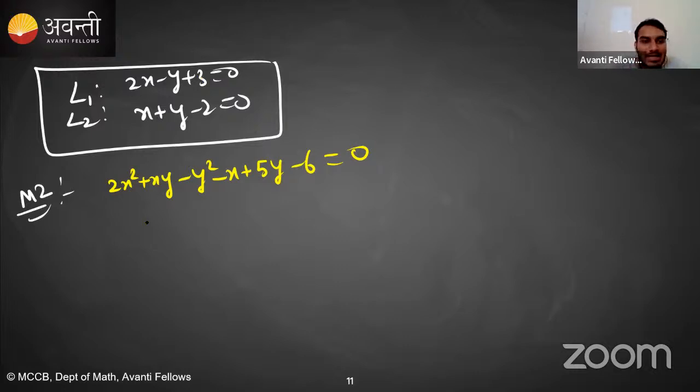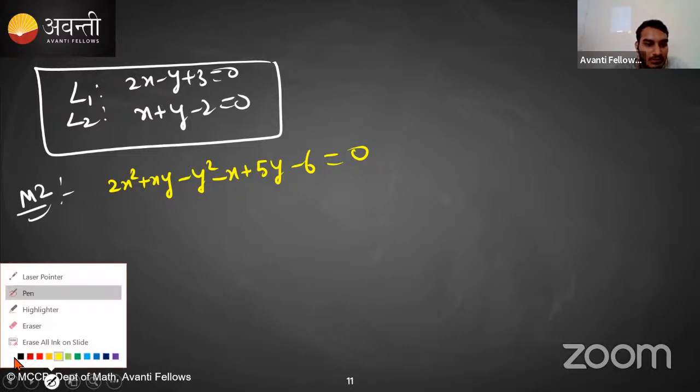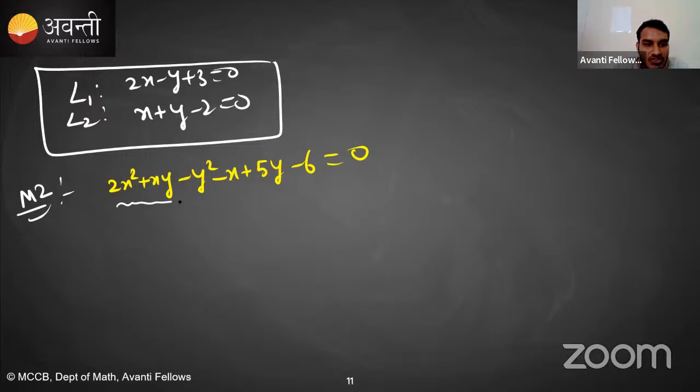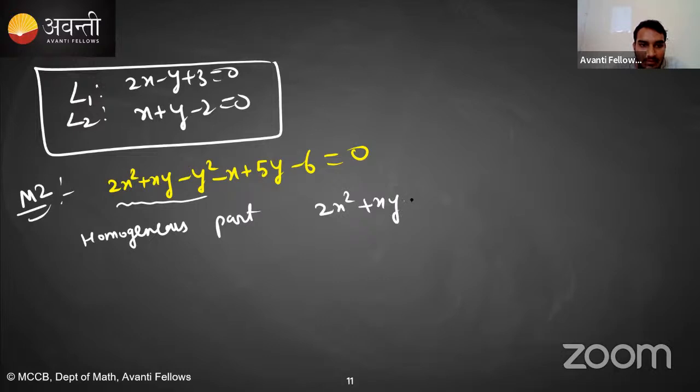So देखो, what I'm going to do is just now concentrate on the homogeneous part. What is the homogeneous part? Homogeneous part is 2x square plus xy minus y square. Yes or no?